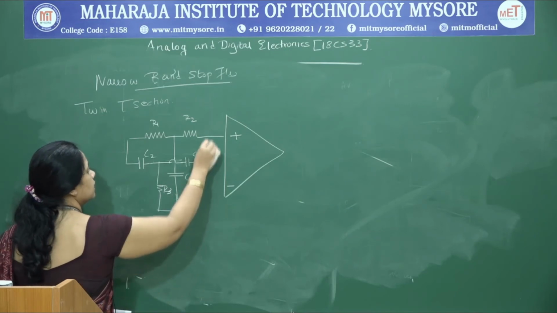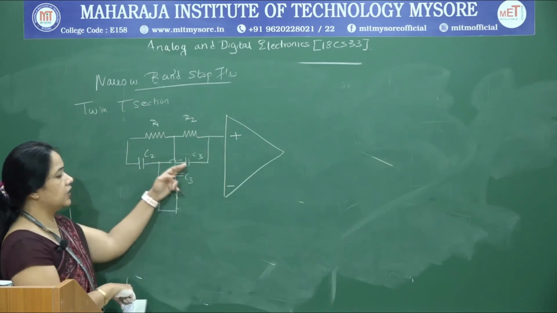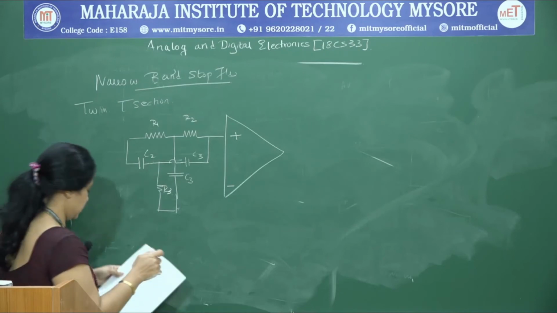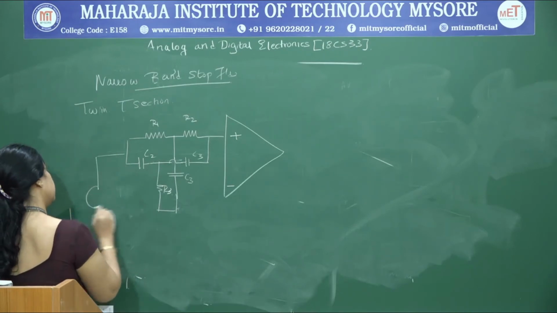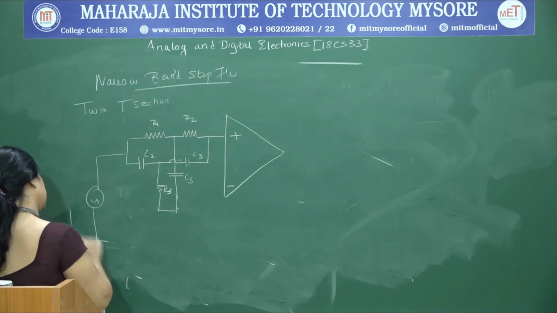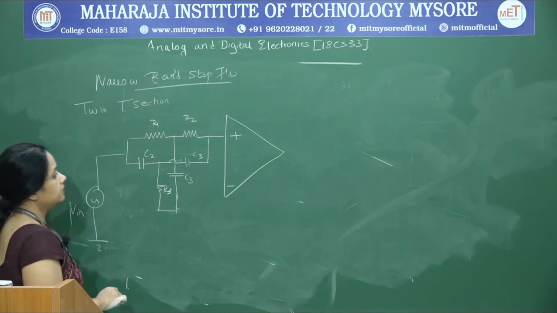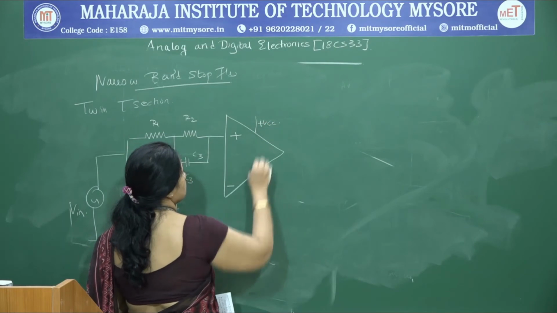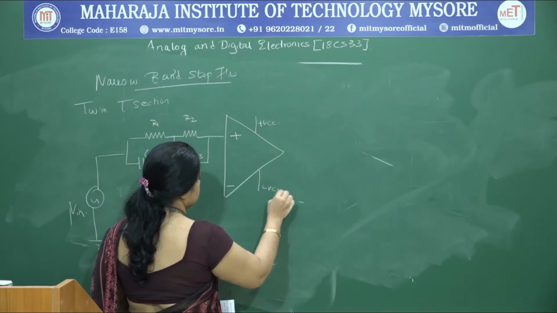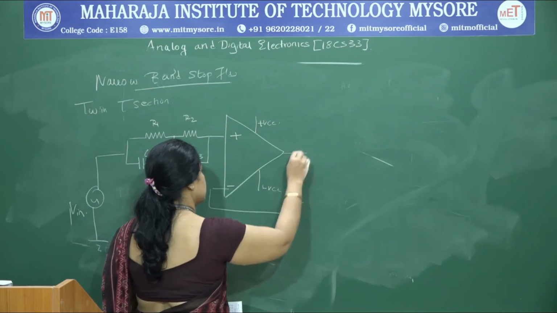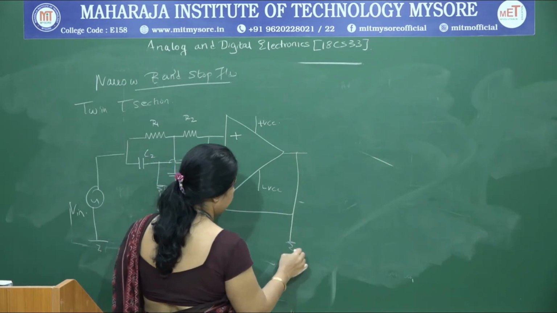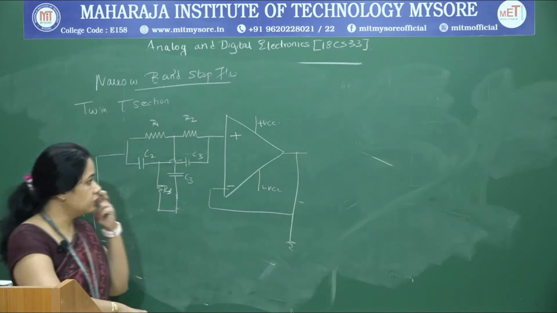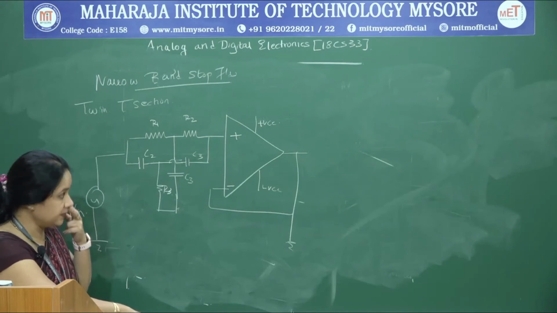This forms the second T section, the high pass T section. So, the input signal is applied here, and we just have the negative feedback without any resistive feedback circuit. This is how your circuit looks.